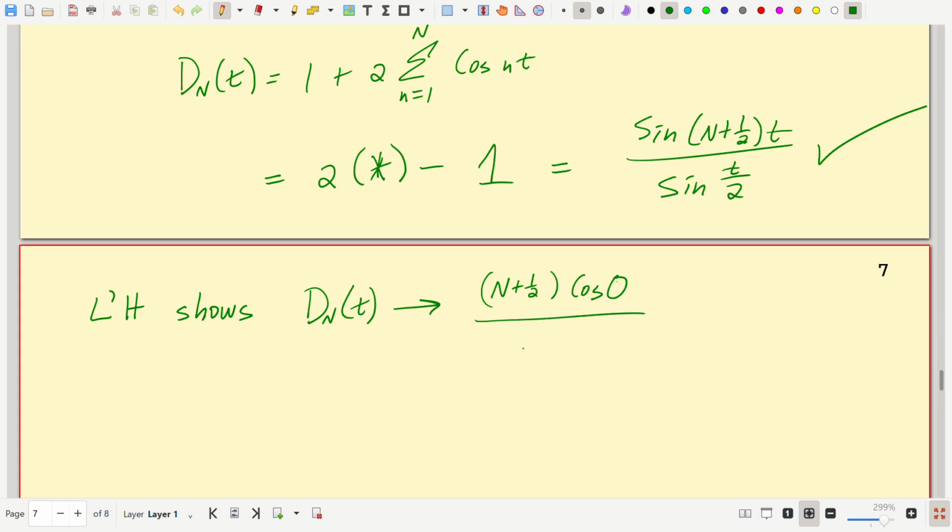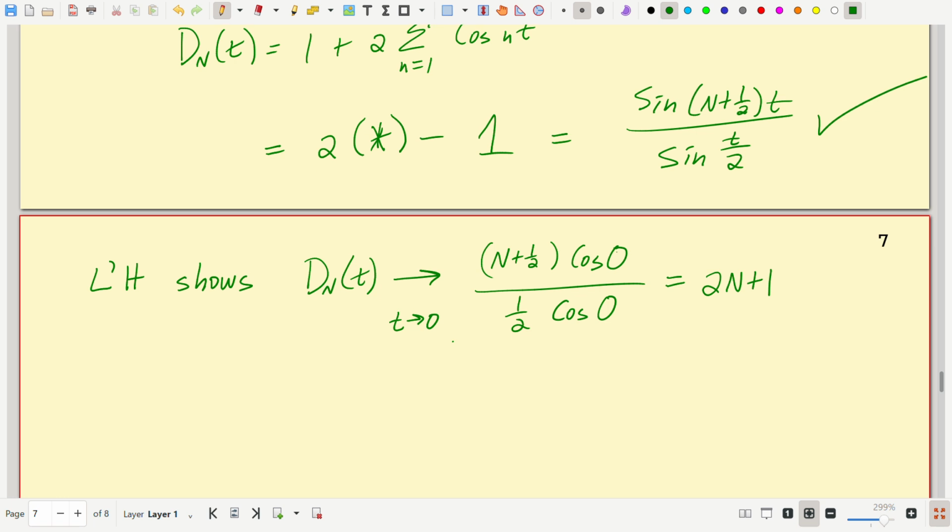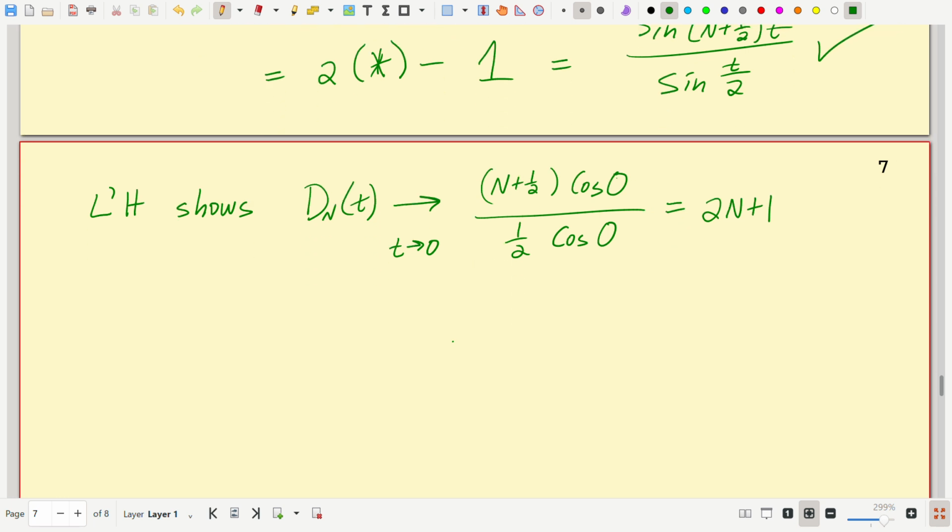And on the bottom, you'd get 1/2 cosine 0. And so you get that this goes to 2n plus 1, which is something big. So the Dirichlet kernel gets big at the origin as t goes to 0. So in fact, you can define it to be 2n plus 1 at the origin.